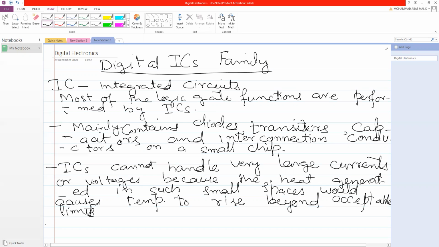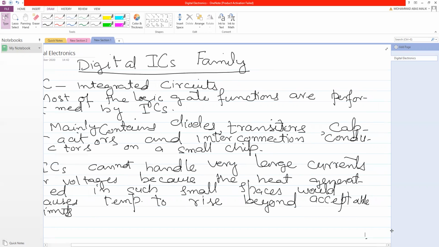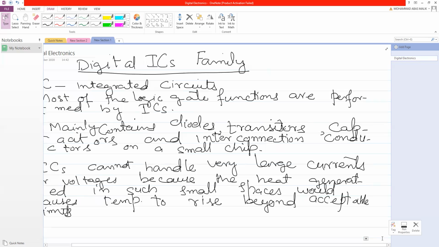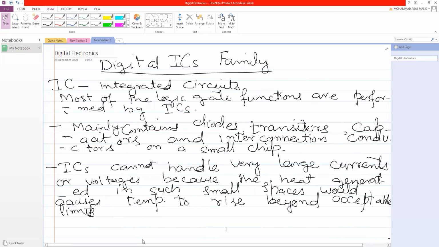Now, how can you define the IC? You already defined the IC.